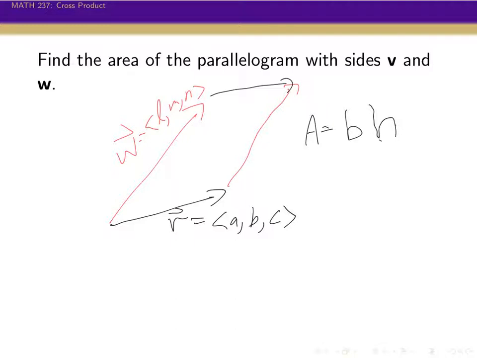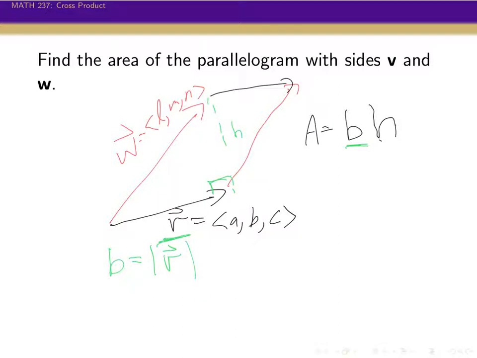Let's let V represent the base. And so our base here is going to be the length of V. Okay. Well, then for a height, our height is going to be kind of dropping down straight there. So it's perpendicular to V.